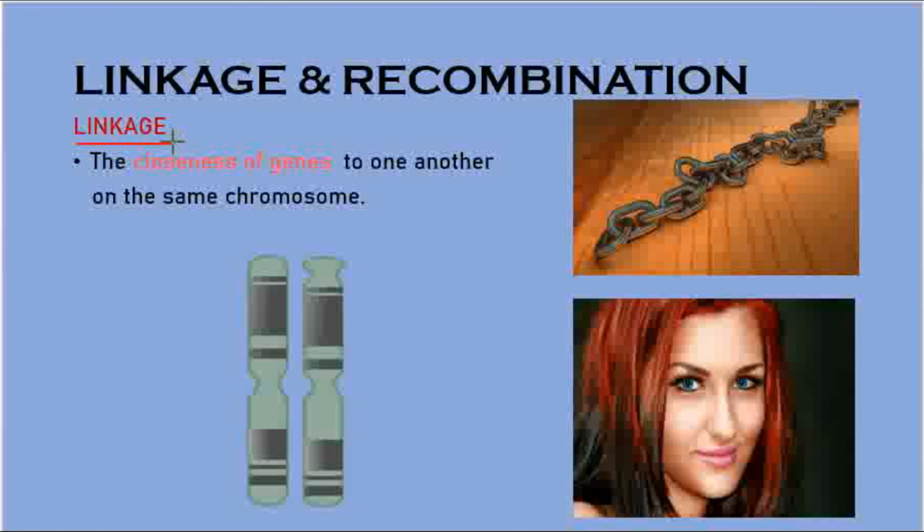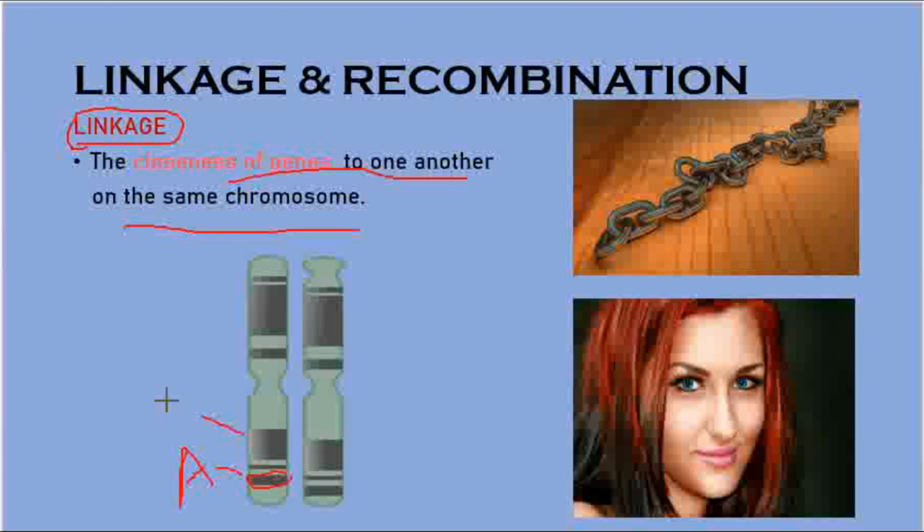So what is linkage in genetics? It is the closeness of genes to one another on the same chromosome. If you take a chromosome, see how close the genes are. Let's take this as an A gene, which must be on the same chromosome.